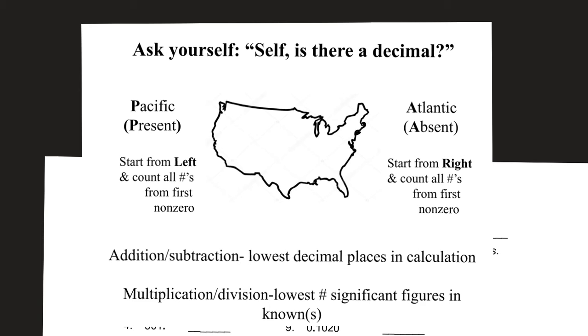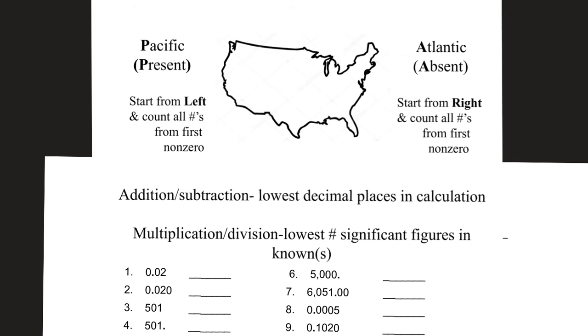Well, let's try another one. Oops, a little too far. There we go. So let me just look at some of my problems from down here. Let's do 6,051.00. So now, in your head, which side of the number am I going to start on?